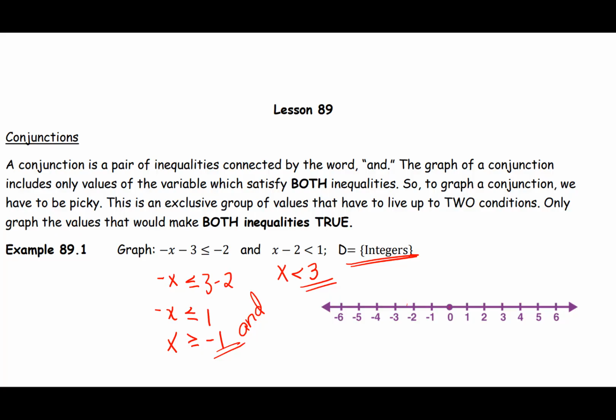It could be negative 1, since it's greater than or equal to. It could be 0. Keep going up, could be 1. Could be 2, but it can't be 3. x has to be less than 3. So those are the only integers right there that are both greater than or equal to negative 1 and less than 3. So that would be how you would graph that conjunction.